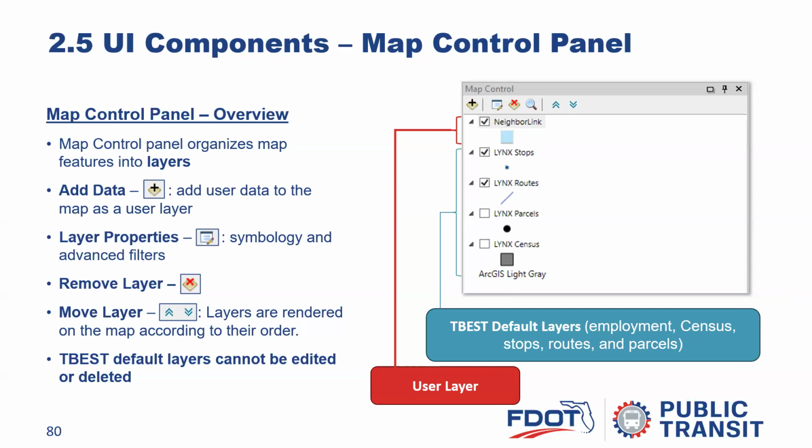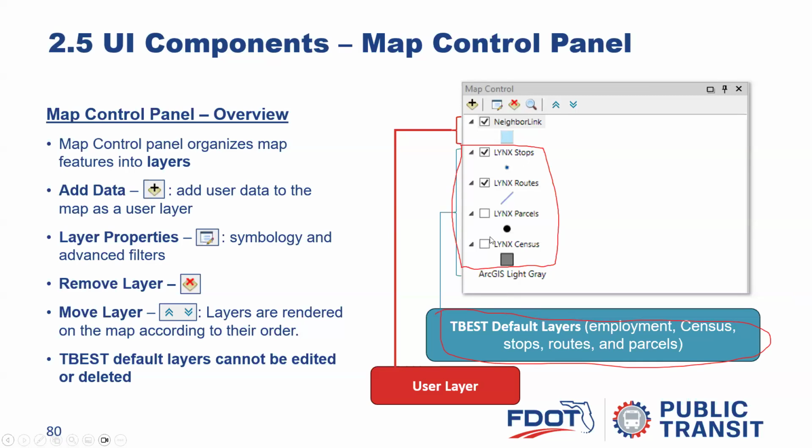And when you add those data layers into the map, you can change the layer properties, you can remove them, you can move the layers around. You can't edit the default properties from here for the TBEST layers, and you can't remove them. So you can see in the example here that we have our TBEST default layers. And in this case, it's LYNX, the transit system in Orlando. So that's the name of the transit system.